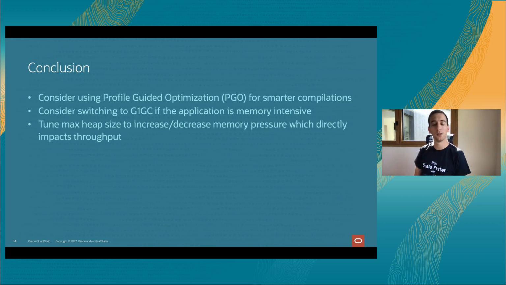Do not do it if the microservice, for instance, is very simple and does not allocate a lot of memory, because in this case you will have a lot of overhead by using the G1GC garbage collector, but without the benefit, because your pause times and your tail latency will already look good if you are not in a memory intensive scenario. And always tune max heap sizes to increase or decrease memory pressure in order to decide what is acceptable or not in terms of throughput.